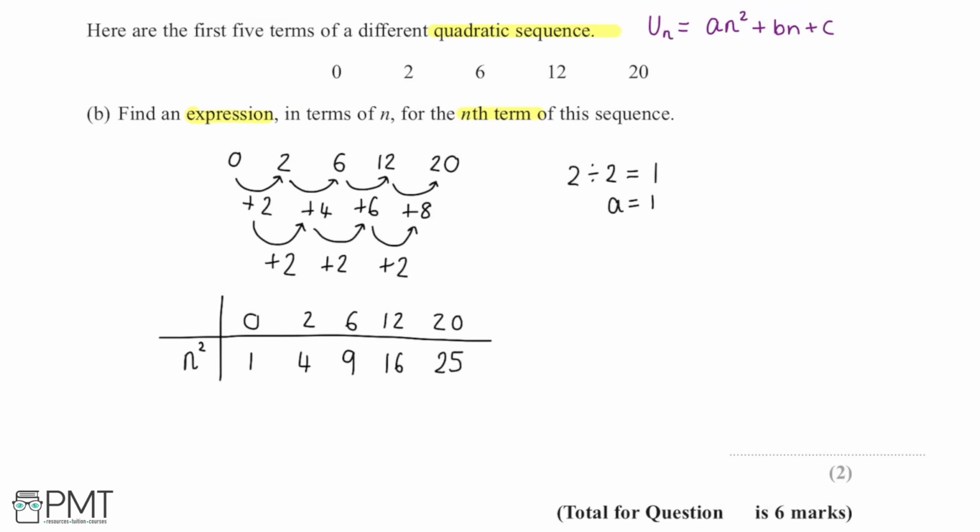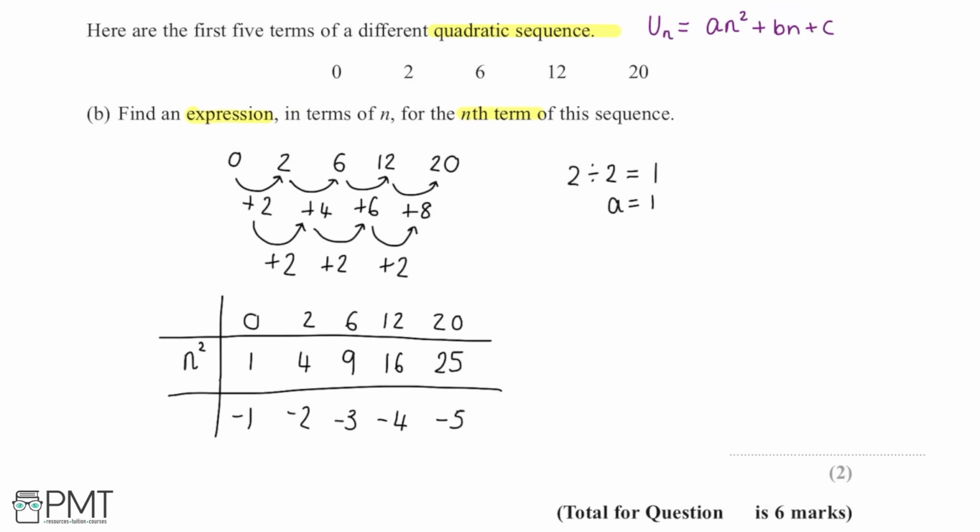So now we need to subtract the n squared part from each term of the original sequence. So when n is equal to 1, we take 0 and subtract the 1. So I'm just going to write that out below. So 0 minus 1 is minus 1, 2 minus 4 is minus 2, then minus 3, minus 4, and minus 5.